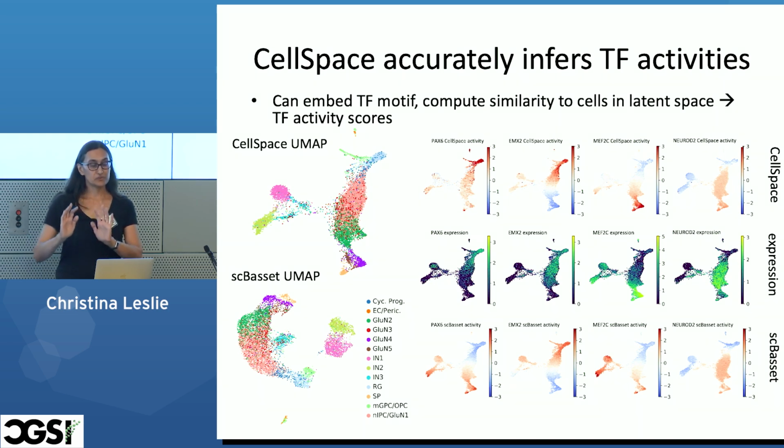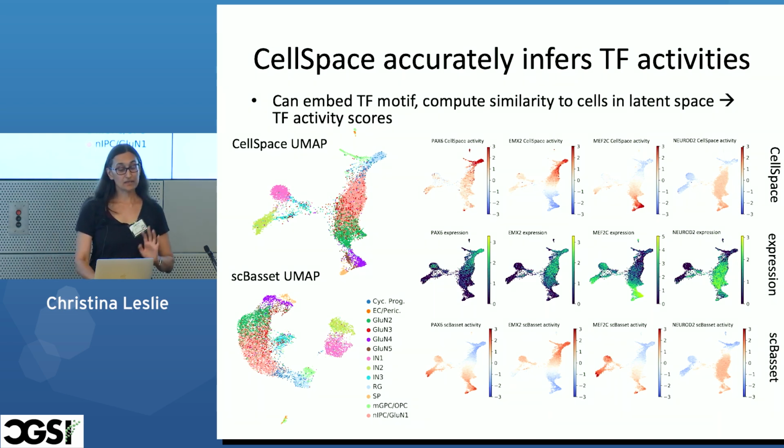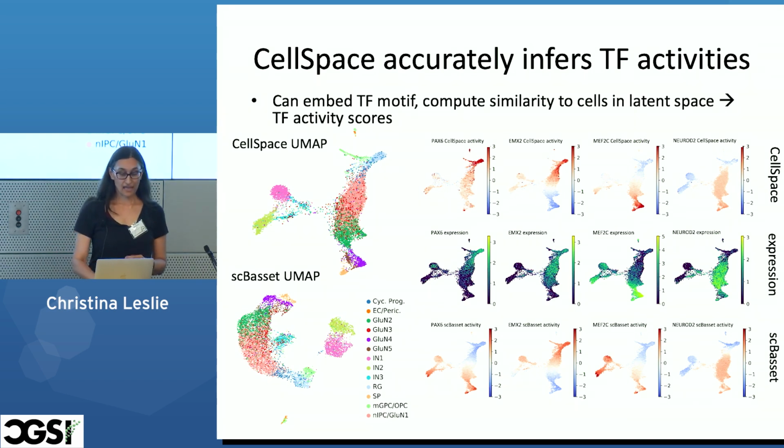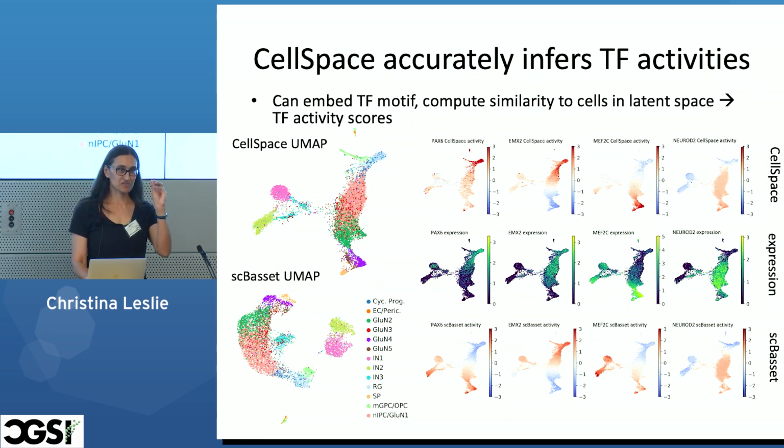Okay, so I'm doing that at the top of the slide for CellSpace on a human cortex data set. This data set is actually a multi-ome data set where we have single-cell ATAC and single-cell RNA from the same cells. For example, in the middle is the expression for different transcription factors, and here are the motif-based transcription factor activity scores.